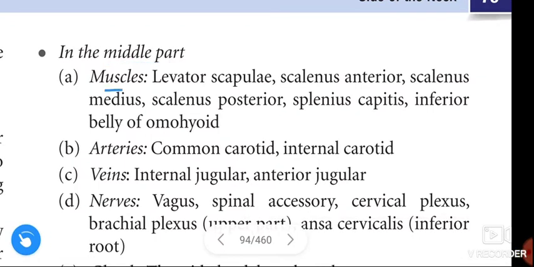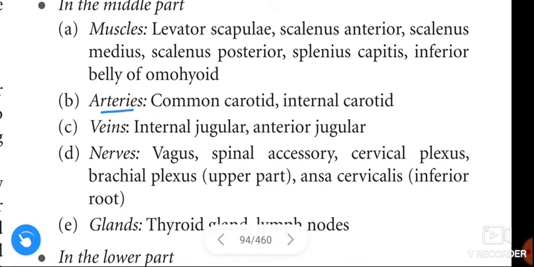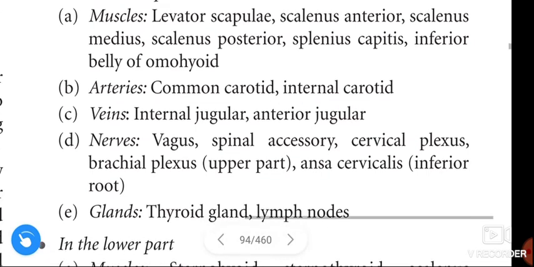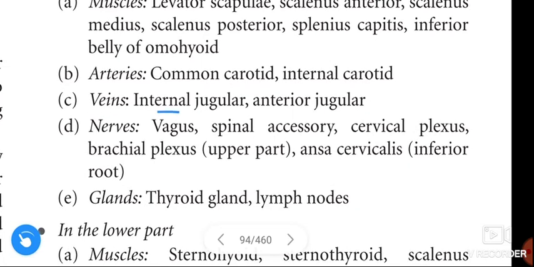Okay. First, muscles: levator scapulae, scalenus anterior, scalenus medius, scalenus posterior, splenius capitis, inferior belly of the omohyoid. And next, arteries: common carotid artery, internal carotid artery. Next, veins: internal jugular vein, anterior jugular vein.